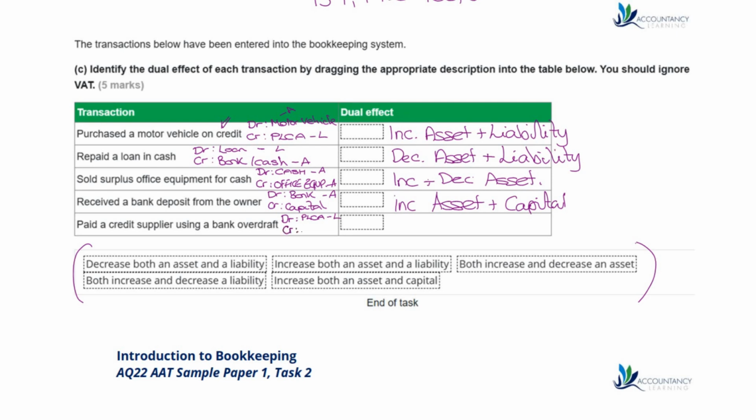And our credit is our bank, but we're using an overdraft. So this is also going to then be a liability to the business. So we are then going to increase and decrease a liability. So with these ones, think about what your double entry is, then think about what type of account it is and decide what is increasing and what is decreasing. That's the end of task 2.